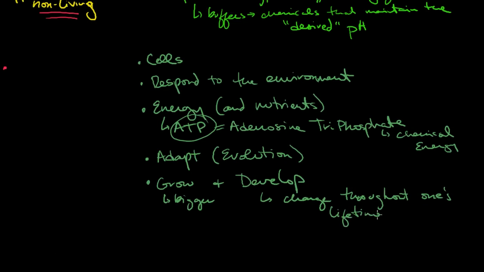So the way I think about this is like a caterpillar grows. It starts as a little tiny caterpillar, and it grows to be a bigger caterpillar, but then it develops into a butterfly. Think about the human life cycle or growth or developmental stages.